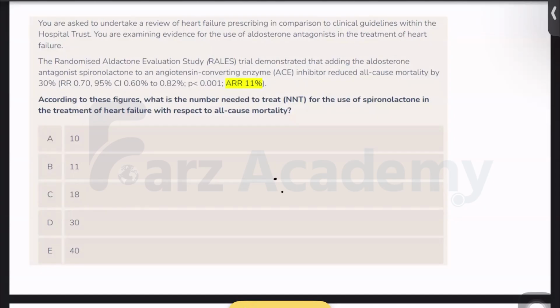So 11% means 11 upon 100. So that becomes 1 upon 11 upon 100, so it's almost 100 upon 11. So you'll get 9 point something, that is close to 10. So the answer would be 10.